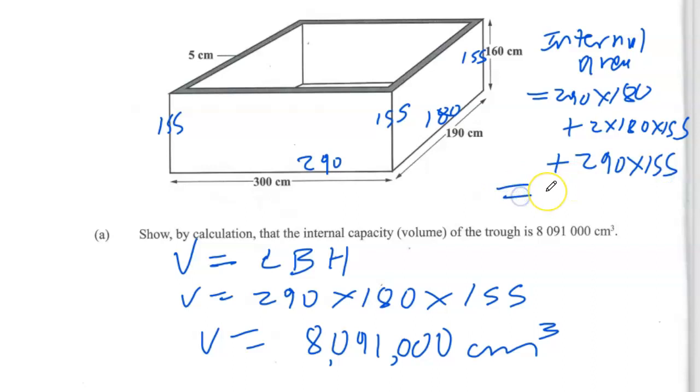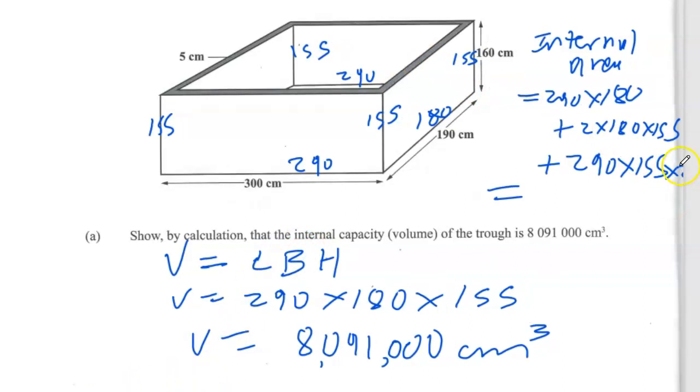So for the total area, let's use our calculator. Of course, this times 2, since the area up here is the opposite. Again, 290 times 155, the opposite face would have the same area. So, of course, we'll multiply that by 2.